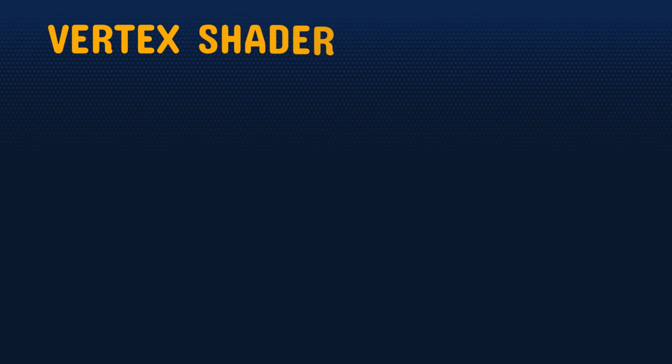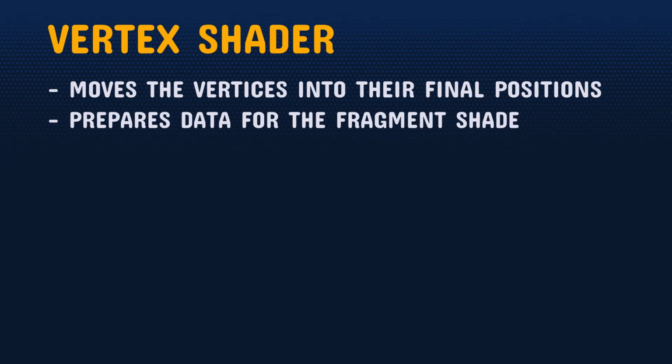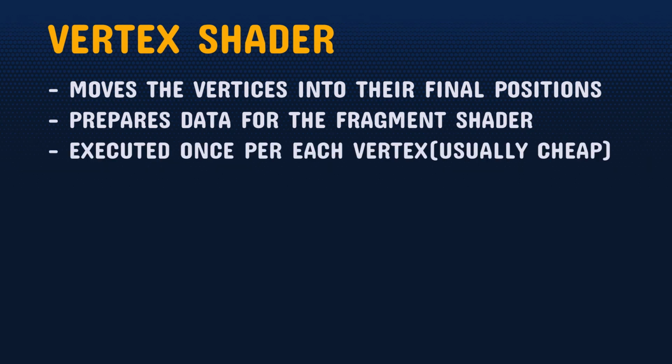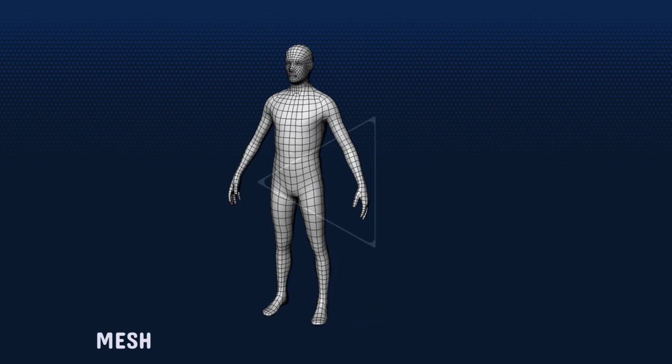Vertex shader. So, what does the vertex shader do? Basically, two things. It moves vertices into final positions, and it also defines data for interpolation and future use in a fragment shader. It is executed once per each vertex of the mesh. Just in case, a 3D model, in other words mesh, consists of polygons.